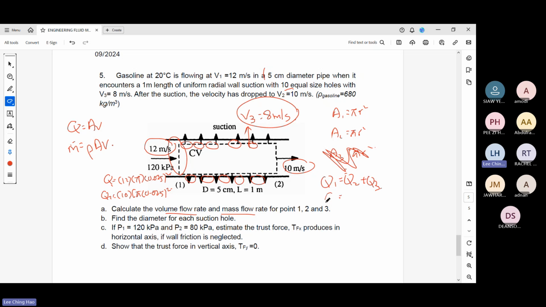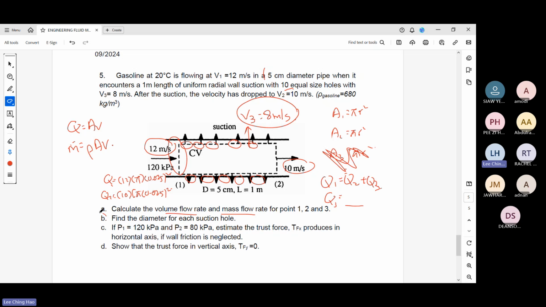So then you can find Q3 here, because one inlet, two outlet. So very simple, you see. That's it. And then mass flow rate is all the Q1, Q2, Q3 you multiply with the gasoline density. It already specified it's gasoline, then you do not use 1000. Cannot. 680 there, shown already.